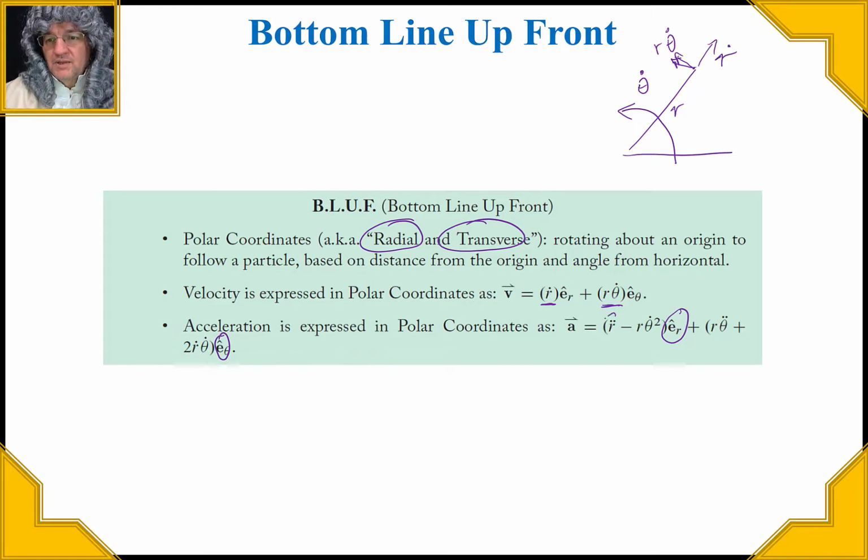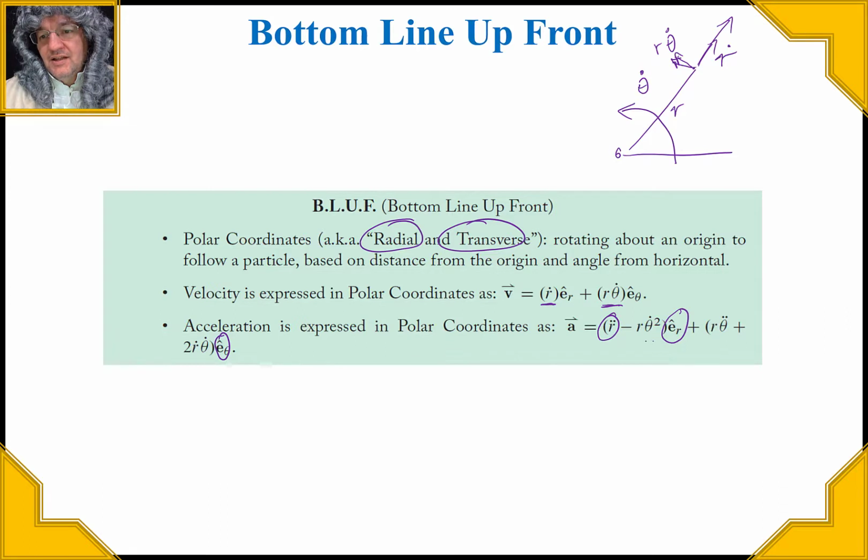One is r double dot. Just like there was r dot, r double dot is the acceleration of the length changing, that distance from the reference. We have this r theta dot squared, right?